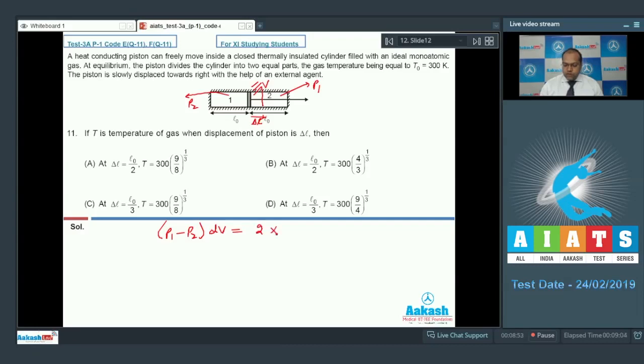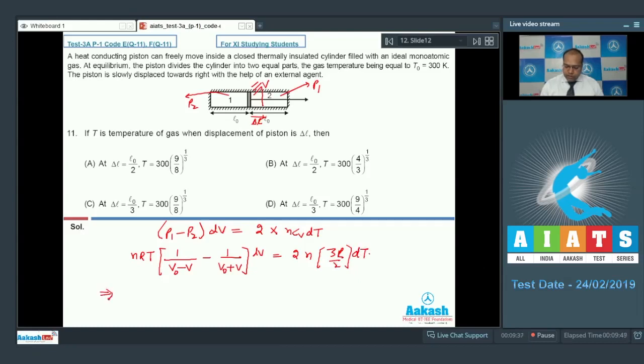So 2 times the internal energy of the gas in one part, that is n Cv dT. This can be further written as nRT into 1 divided by V0 minus V, minus 1 divided by V0 plus V, into dV, where V0 is the initial volume of both the parts, and this is equal to 2 into n into Cv, which for monatomic gases is 3R by 2, into dT.